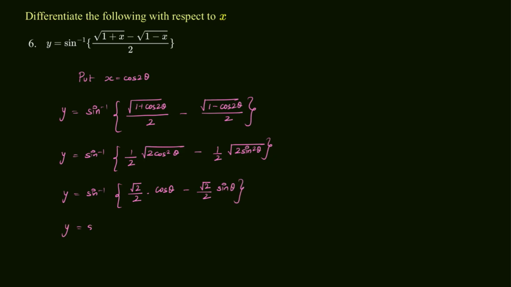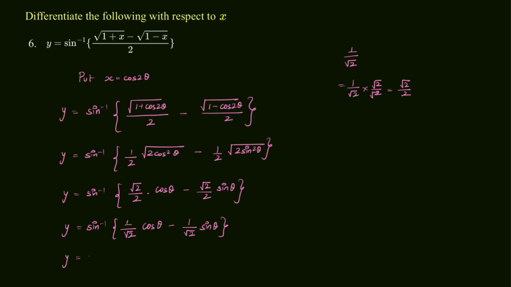So this equals sine inverse of, now if I have to write this is square root 2 by 2, then I can also write 1 by square root of 2, because 1 by square root of 2, if I rationalize this fraction, then it will be square root of 2 by 2. So this is the purpose of writing this. So here also I will write 1 by square root of 2 sine of theta.